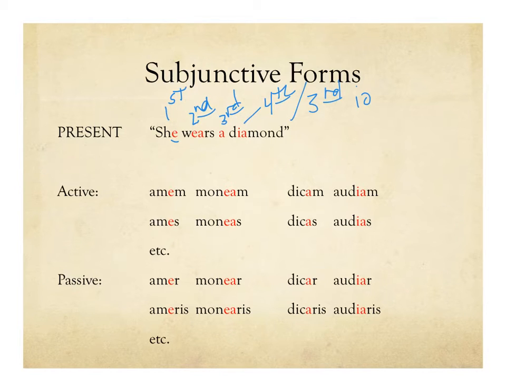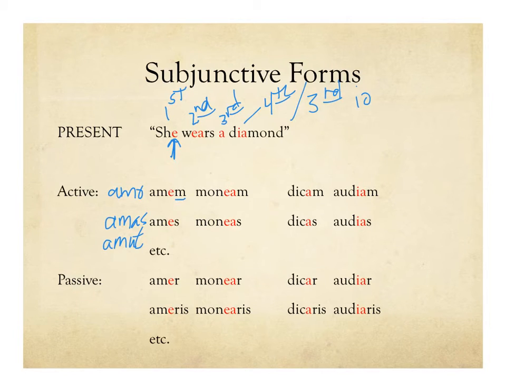So you can see here, normally you would have amo, amas, amat, etc. And here, because we're in the first conjugation, we're going to have instead amem.